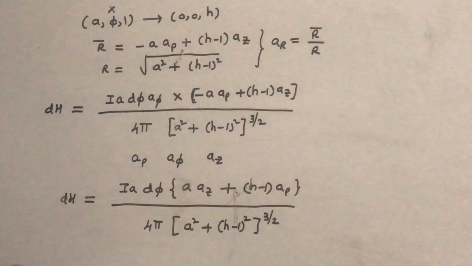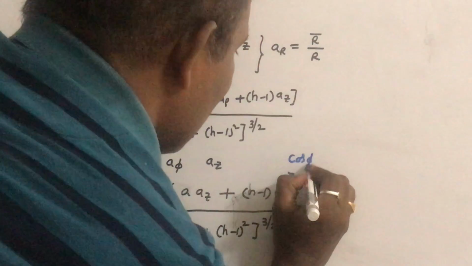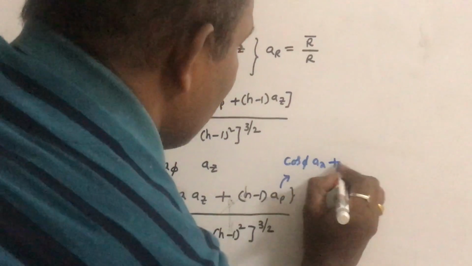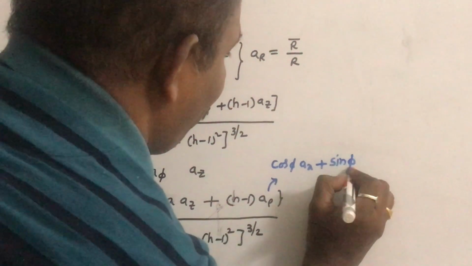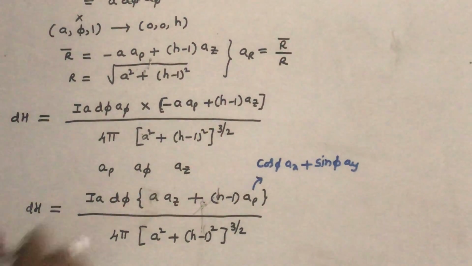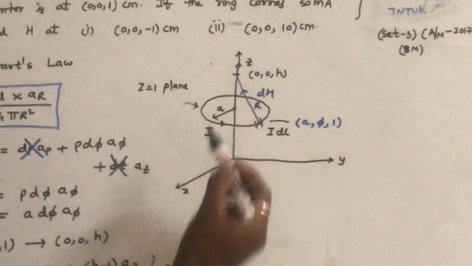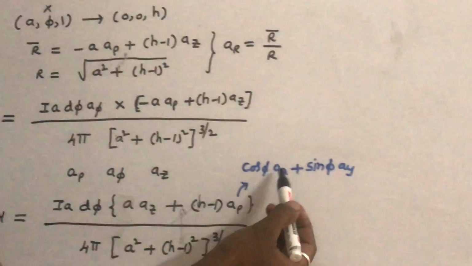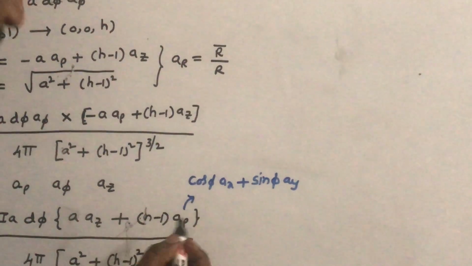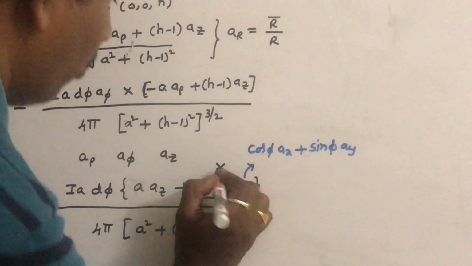But aρ can be written as cos φ ax plus sin φ ay. So you can clearly see that the angle φ, because of the entire circle, is varying from 0 to 2π. So cos φ from 0 to 2π is 0, sin φ from 0 to 2π is 0. So therefore this entire term will come out as 0.